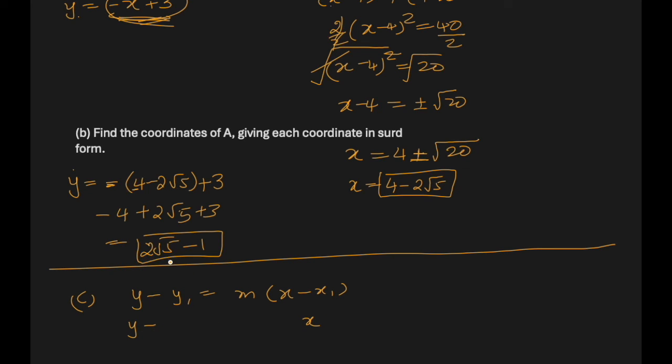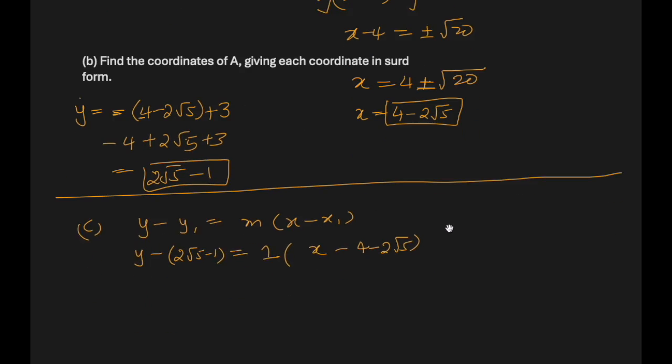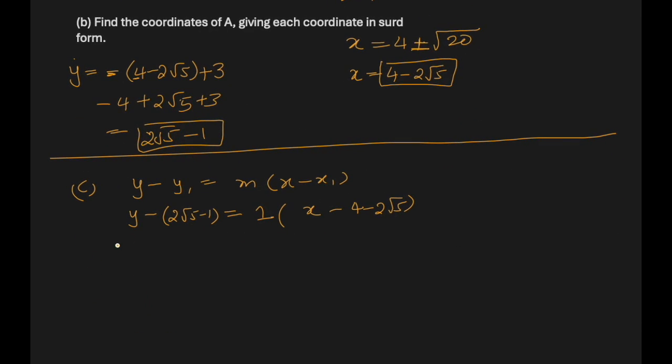We'll put the y coordinate, which is this, 2 square root 5 minus 1, equal to the gradient they have given for the tangent already, 1, times x minus the x coordinate, which is 4 minus 2 square root 5. Can we somehow simplify this? Y equal to, okay, we'll open this one.